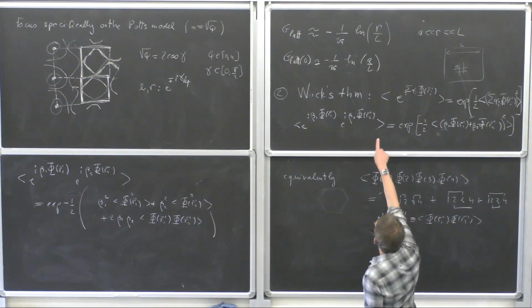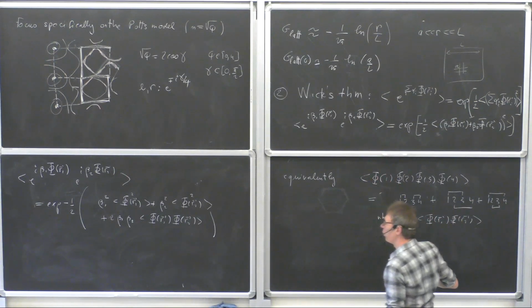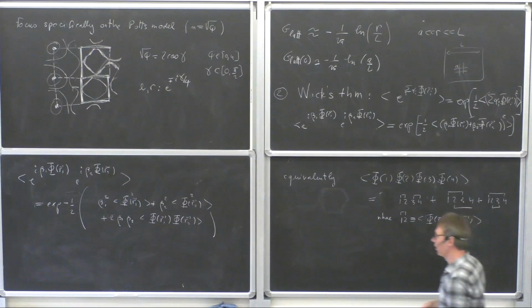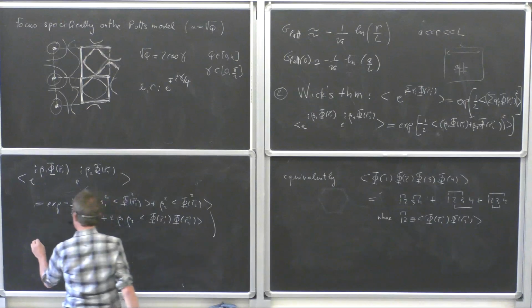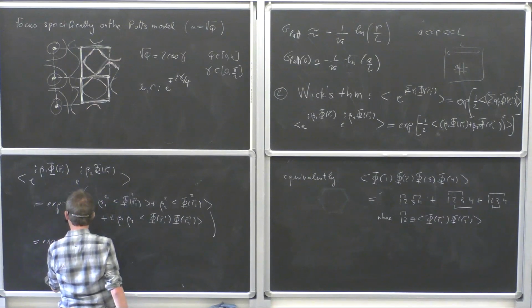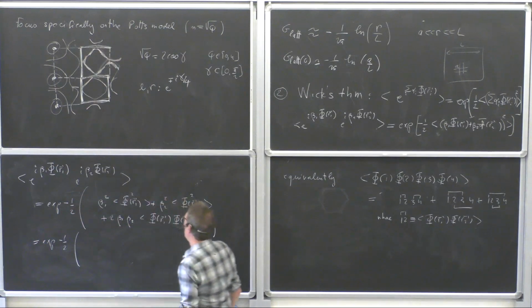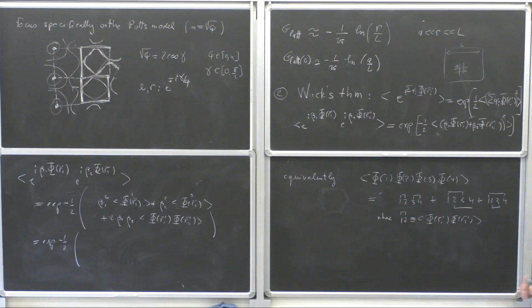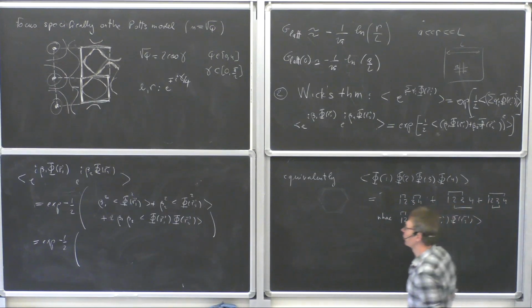So I can use my two formulas up there. I'm going to assume that R1 minus R2 is much larger than a and much smaller than L. I get exponential minus 1/2 times, so average of phi square of R1 and average of phi square of R2, they're the same, right? The system is translation invariant.